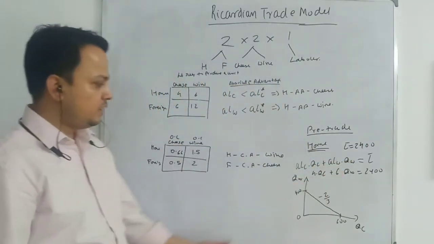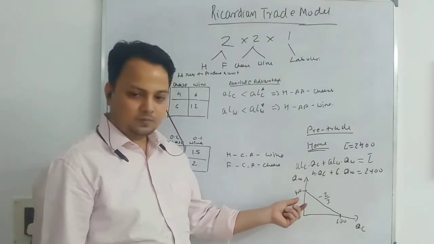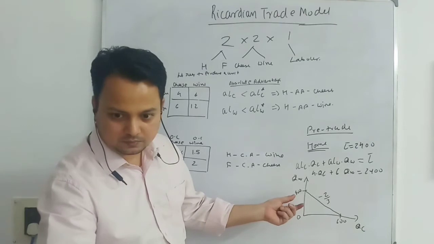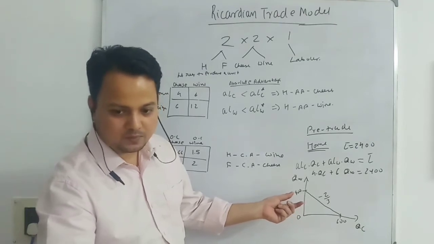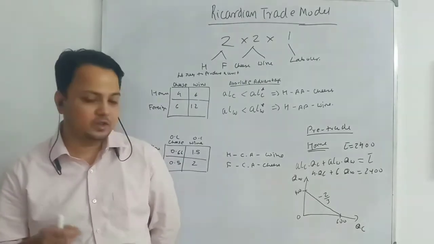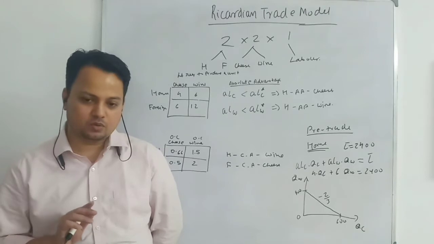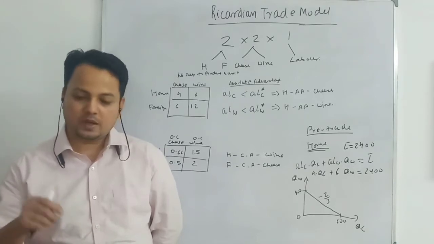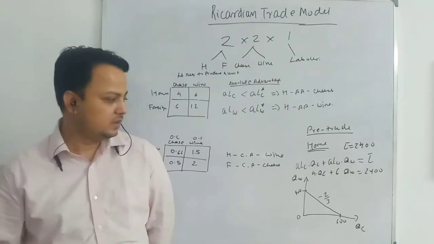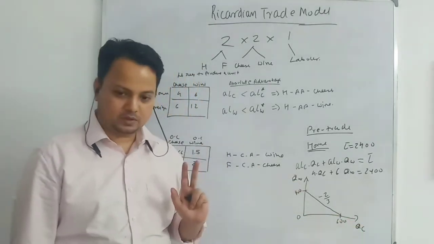So this production possibility frontier we derive. But when we are looking at this production possibility frontier, what it is saying is what an economy can produce. But what the economy actually produces, we need to know where the workers are moving, whether workers are moving to cheese production or to wine production.